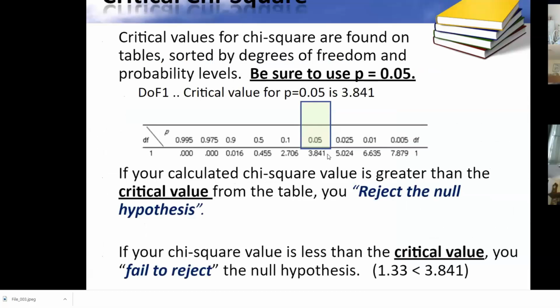You refer to this number here as your critical value. The critical value at 1 degree of freedom and 0.05 probability, our critical value to beat, is 3.841. Anything greater than that, we will reject our hypothesis. Anything lower than that, we will fail to reject our hypothesis.